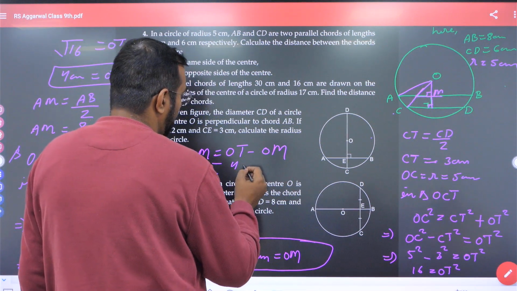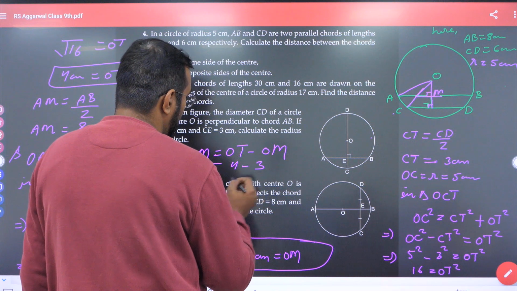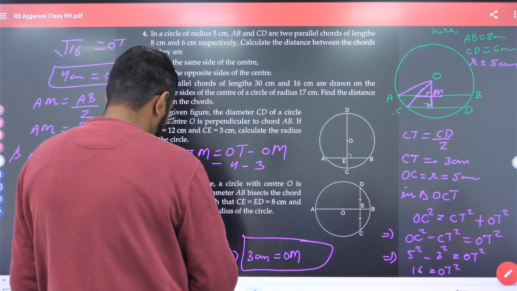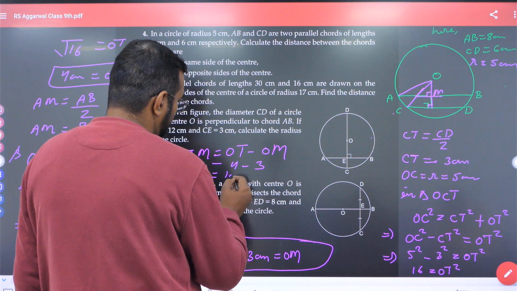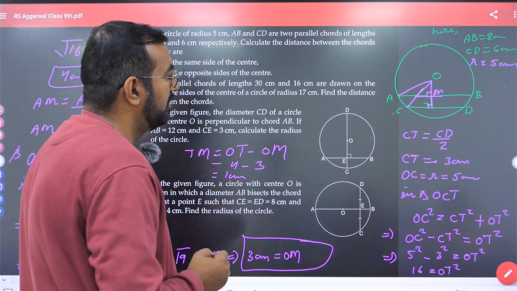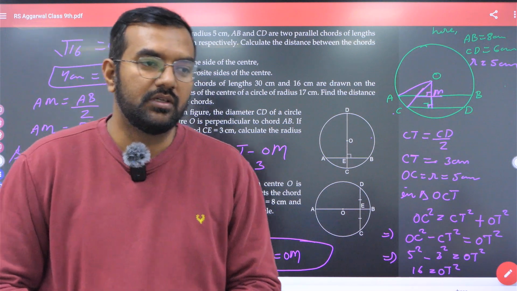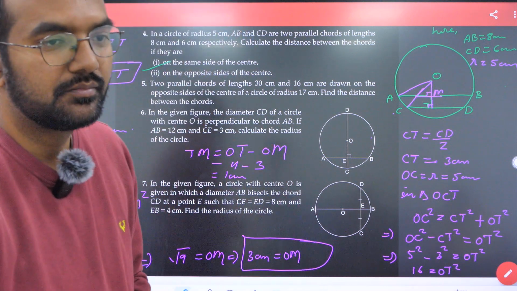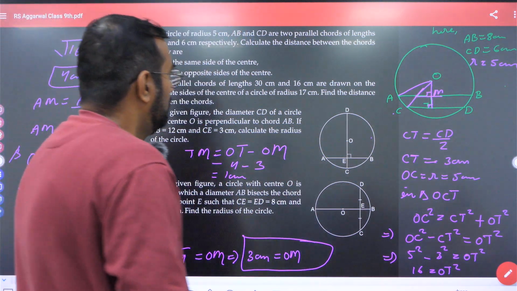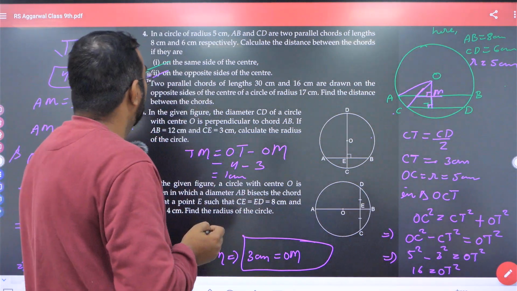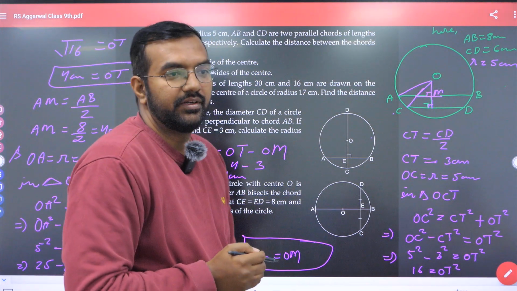So 4 centimeter minus 3 centimeter, that will be equal to 1 centimeter. So TM is 1 centimeter, means the distance between the two chords is 1 centimeter. Okay? So the next part we will cover in next class, on the opposite side of the center. Okay?